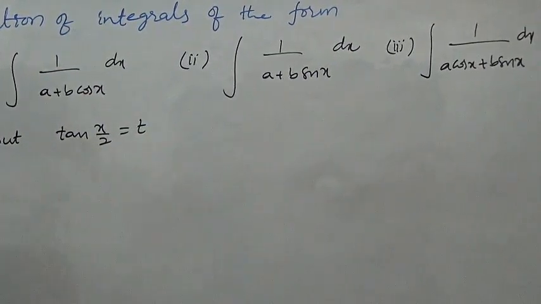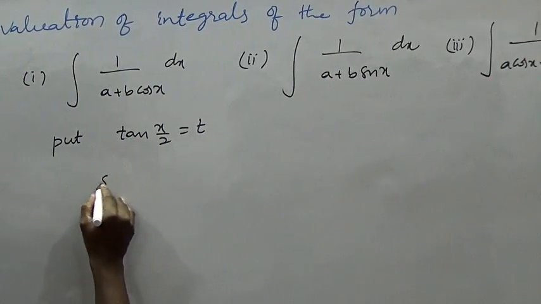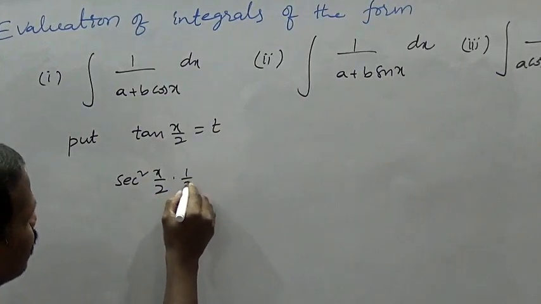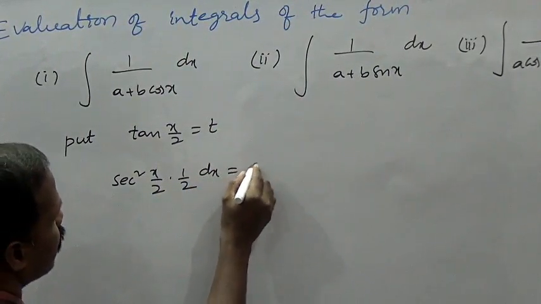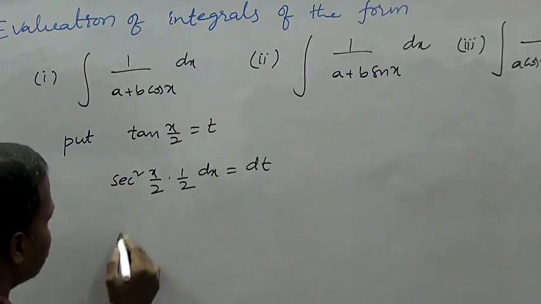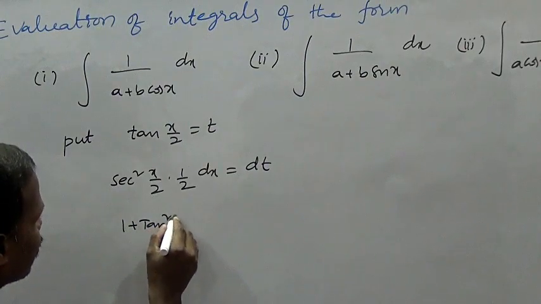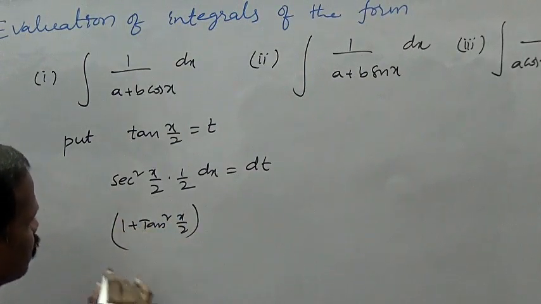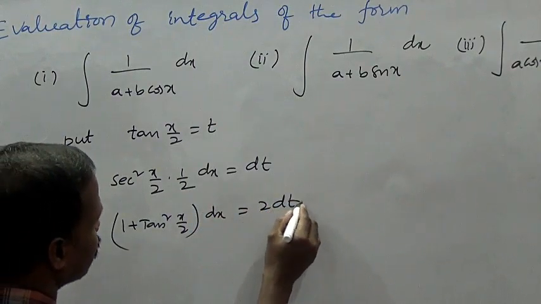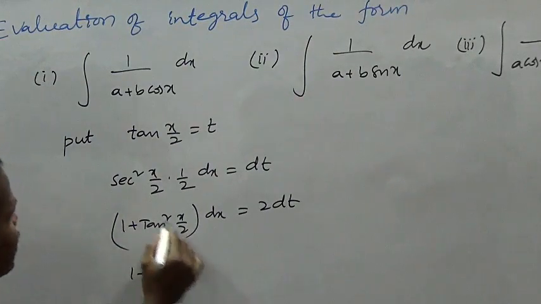Now make differentiation, what will you get? Okay, secant square x by 2 into 1 by 2 dx equal to dt. Fine. Now secant square x by 2 can be written as 1 plus tan square x by 2, so 1 plus tan square x by 2 dx equal to 2 dt. Okay, 2 moves to the right side. Now 1 plus, what is tan x by 2? t.